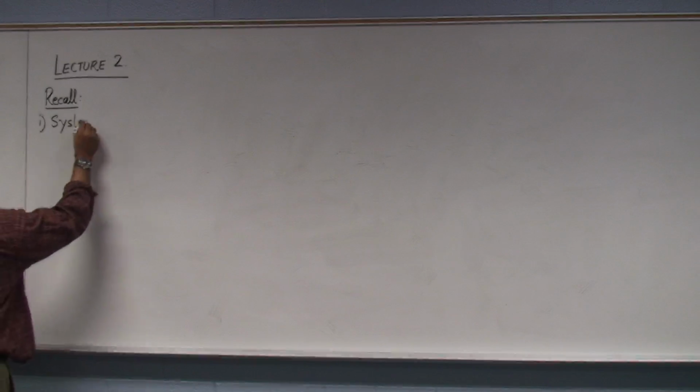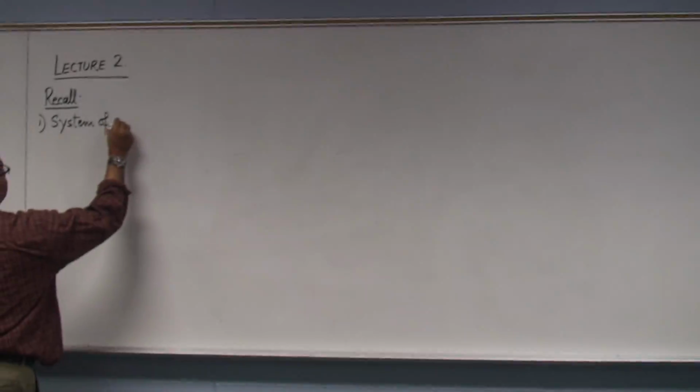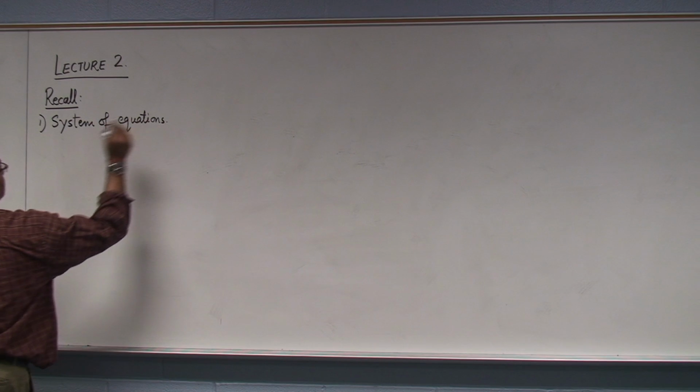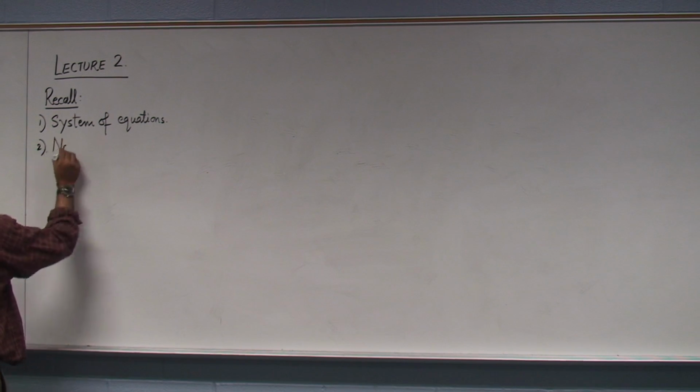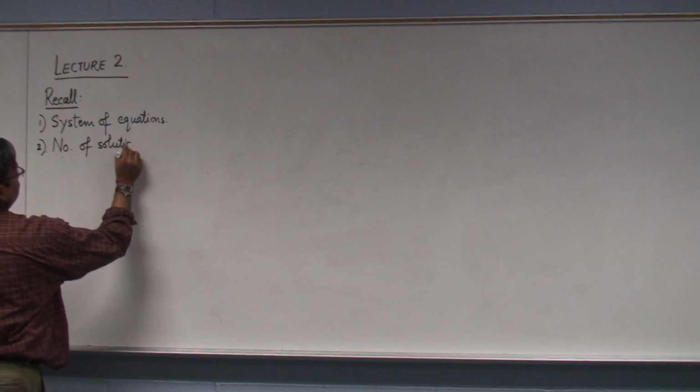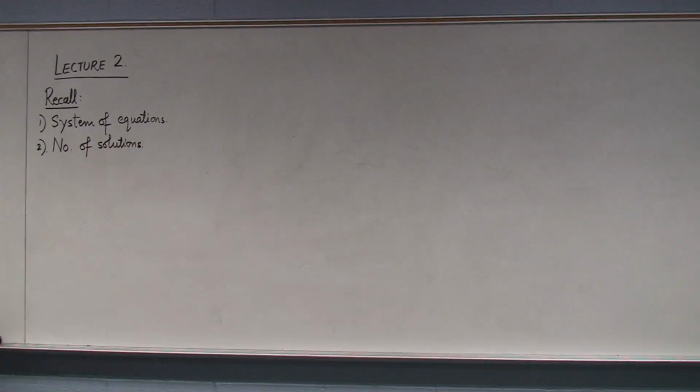So we talked about something called the system of equations. Whenever I say equations, I mean linear equations. Then we talked about the number of solutions of such a system of equations.